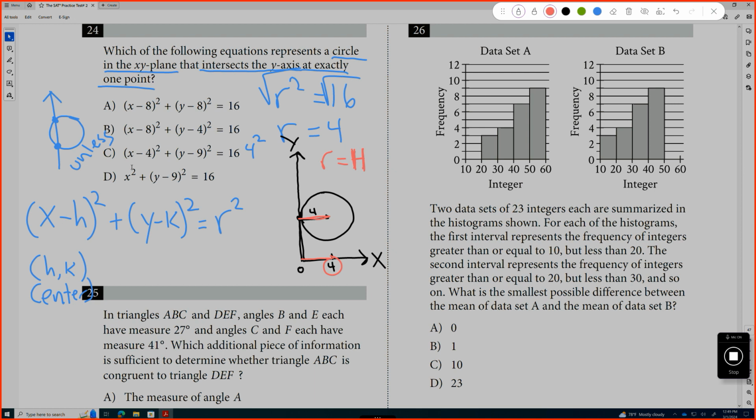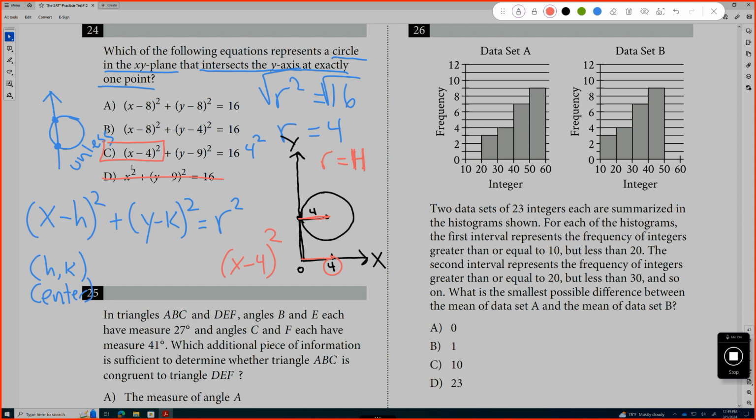Alright, so h is positive, so when I go to the formula, I would have to say (x - 4)^2. Let's look at the choices. The only one that has 4 as the center of the circle is choice C. So we don't need to find out what k was.